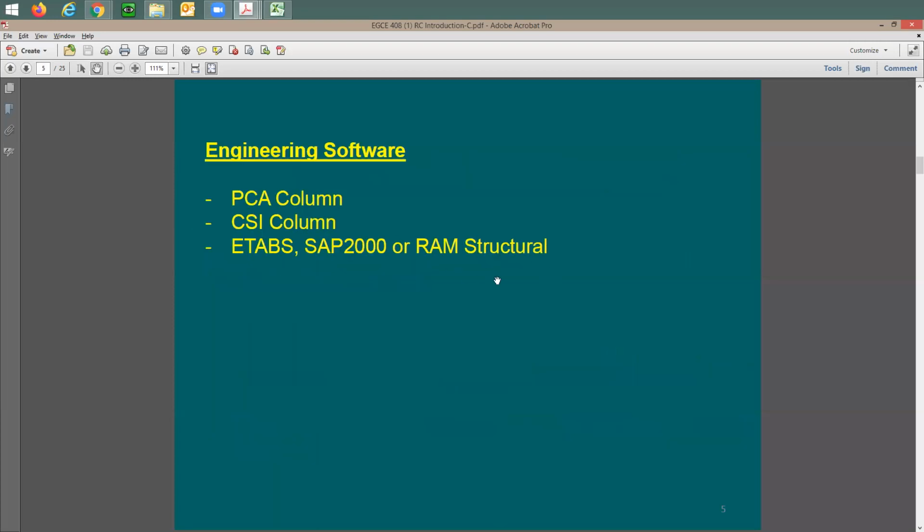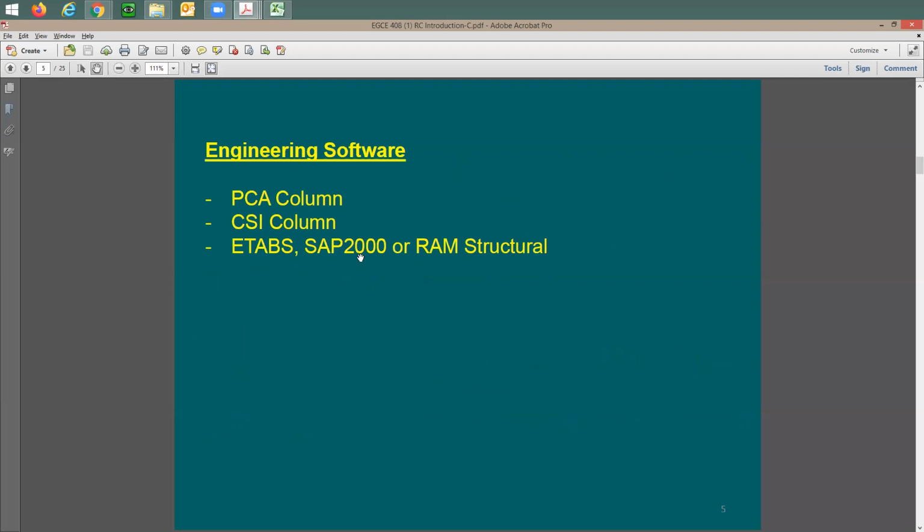Some software we may need to use: we have something called PCA column and CSI column, and both of these are column design software that do the entire concrete section analysis for you. Also, we have ETABS. I'm not sure if you have heard about it or not.